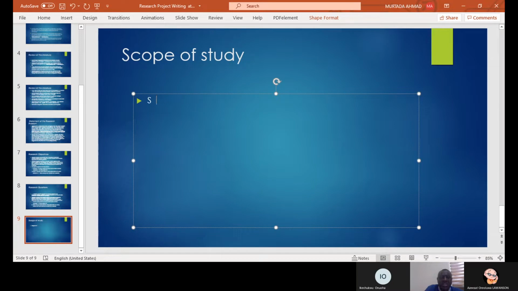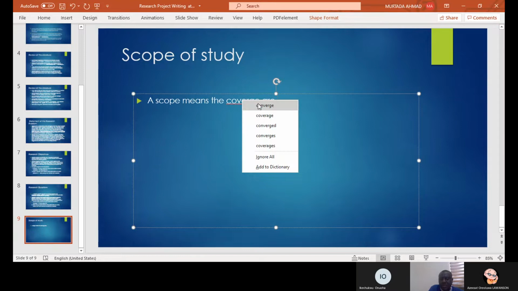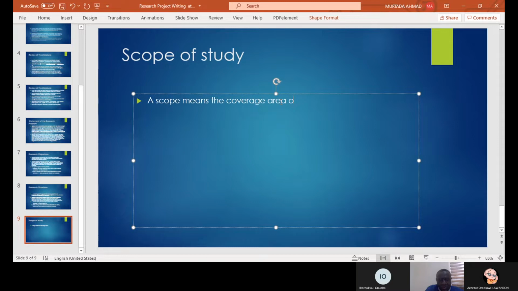So let me start. Scope means the coverage area of something.